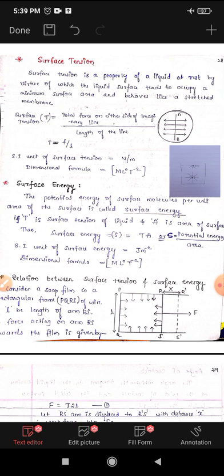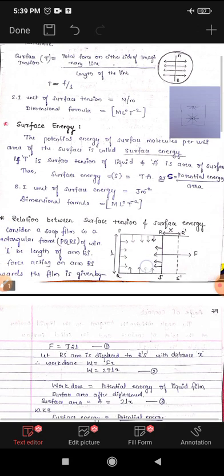That is, if T is the surface tension of any liquid and A is the area of the surface, then surface energy is S is equal to T into A. And the SI unit of the surface energy is joule per meter square, and the dimensional formula is M L^0 T^-2.